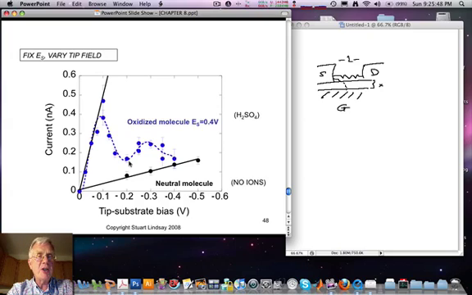This explanation is verified quantitatively by using the data for the variation of the conductance as a function of potential shown on the previous slide and using it to fit these data for conductance versus tip substrate bias at a fixed surface potential.